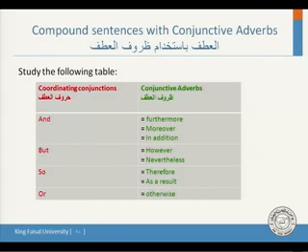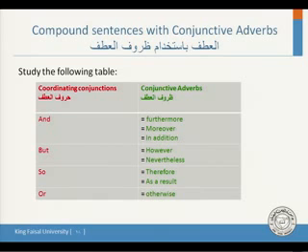For example, for the word and, we can use furthermore, moreover, or in addition. All these 3 words give the same meaning as and. You see them in the table. They are in 1 row. They have the same meaning.